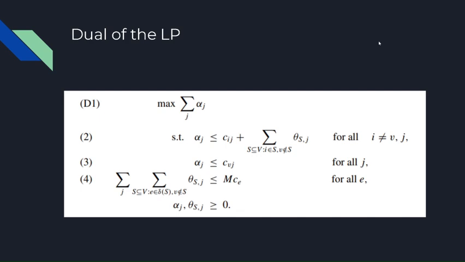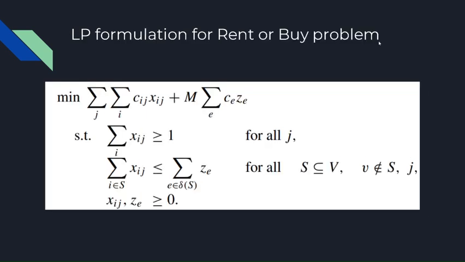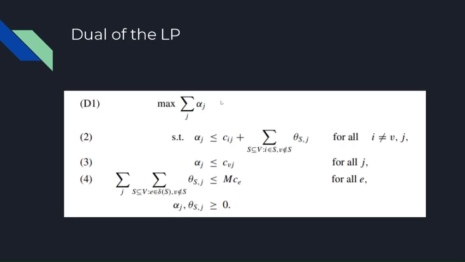Coming to the dual of the LP. In the previous slide we saw the primal, and now we want to construct the dual. Here we have two sets of constraints. One is for all j, and the second one is for all s and j. So we'll have these two sets of variables in our dual, but in the cost function, if you see for the dual, only the first one, that is alpha_j, is coming into the picture.